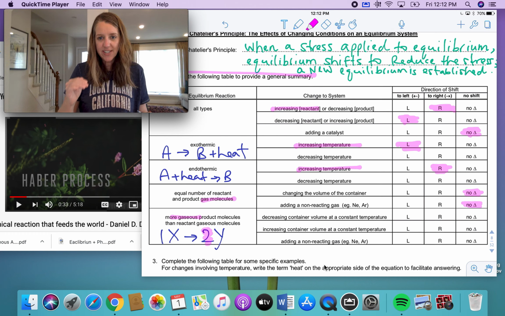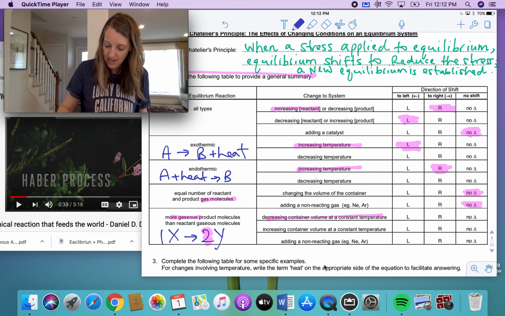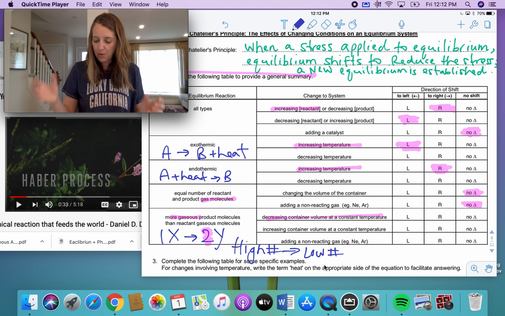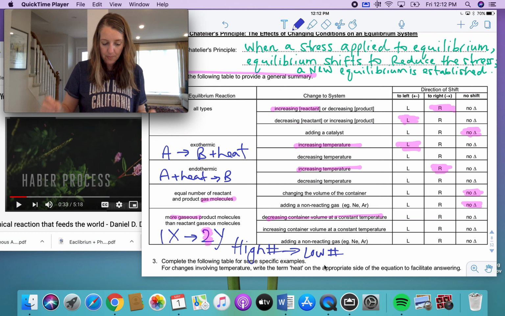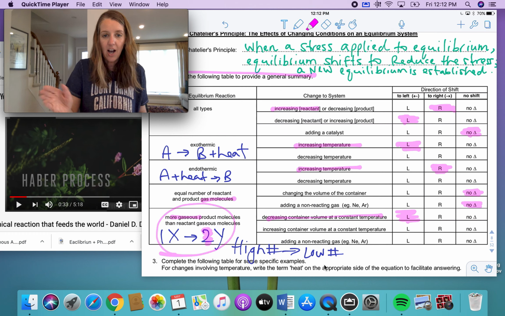If you decrease the container volume, you are increasing the concentration, which means you're going to have more reactants happening, more successful collisions, and it's going to shift it from high to low. What do we mean? So if you're increasing the pressure, it's going to shift it to the left, because again, can you see right here? I have 2 to 1. It's going to shift it to the left.